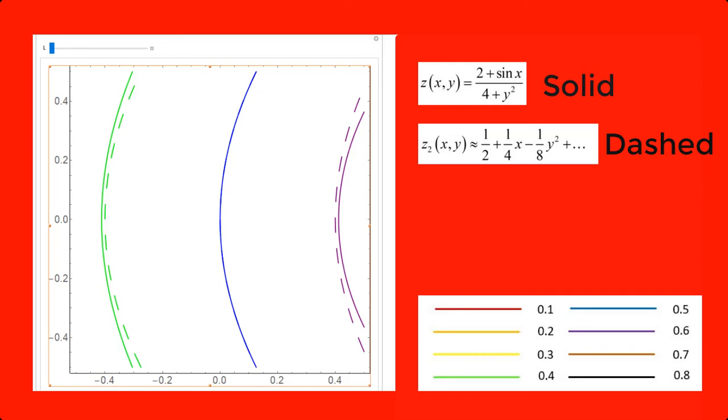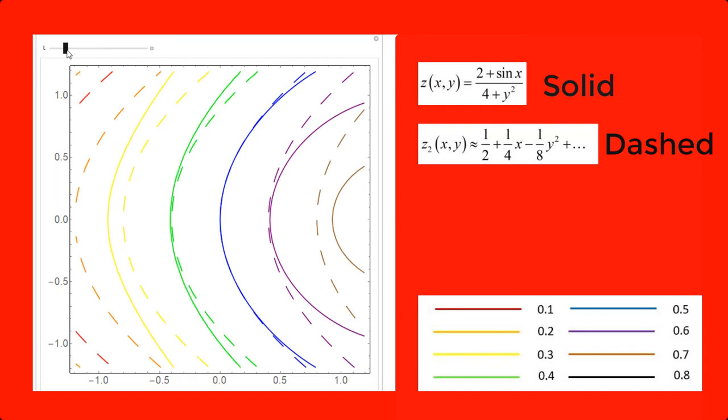Now for 0.5, the contour which passes through the origin, at this scale the approximation lies sufficiently close to the function that we can't see any difference between them, whereas we see minor discrepancies for 0.4 on the left and 0.6 on the right.